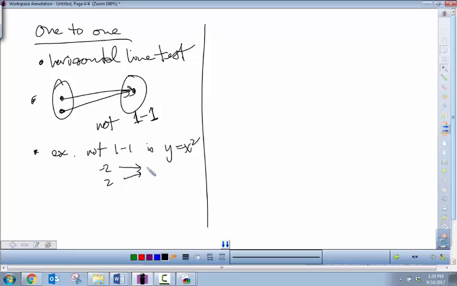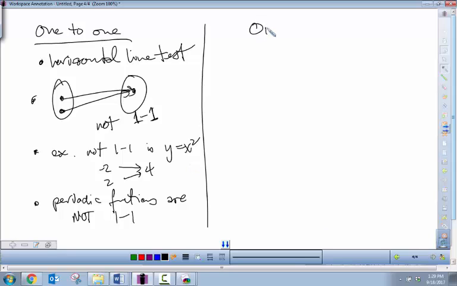They both go to, when you square it, they both get the same answer. Periodic functions are not 1 to 1.